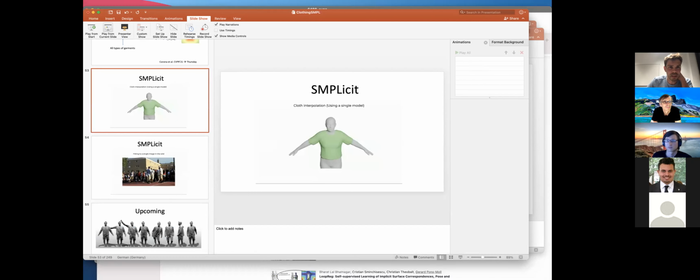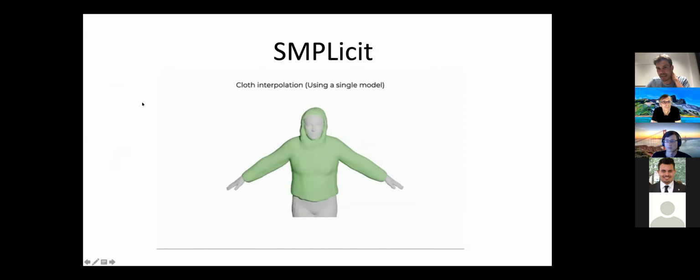This is what we call SimpleIT, and with a single model, we can represent different topologies. So this is cool. You can transition from one garment to another, but you're losing something. You don't really have the correspondence between those garments. Well, maybe the correspondence is hard to get, right?